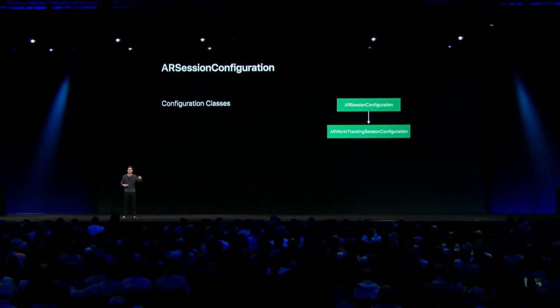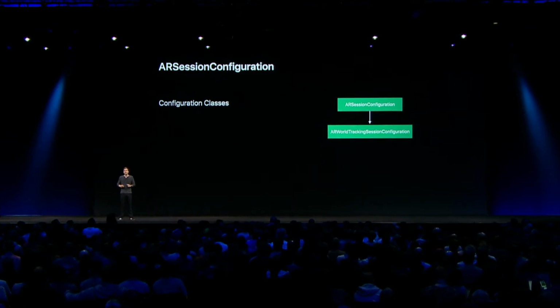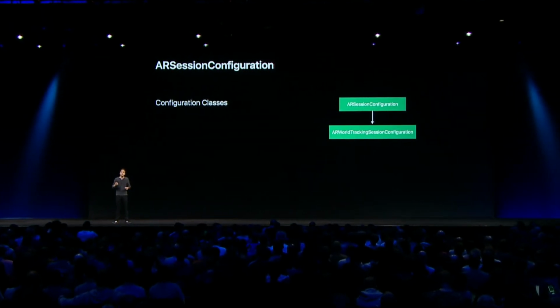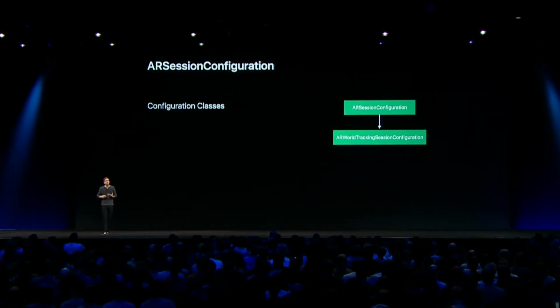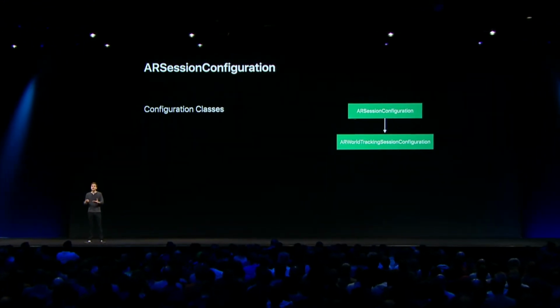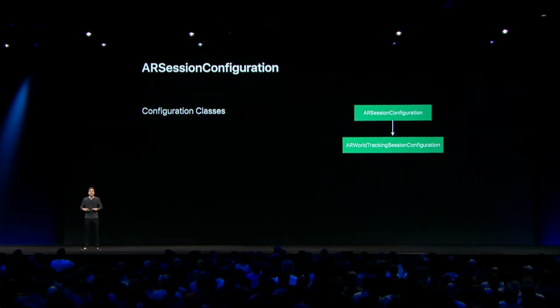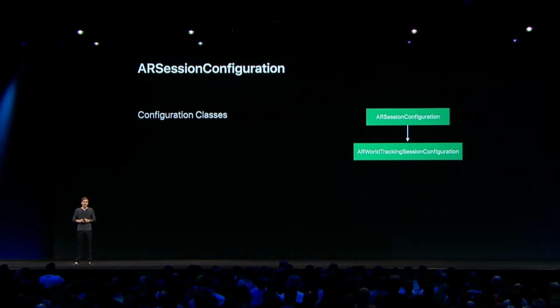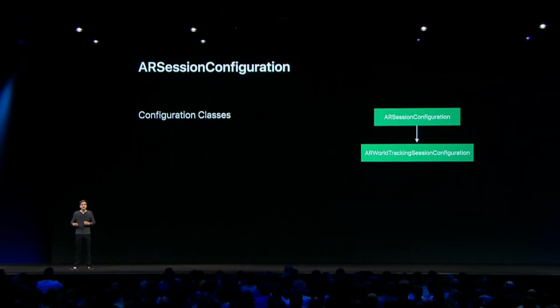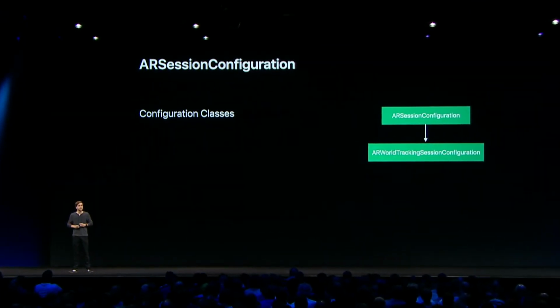So this is using our core functionality, world tracking, in order to get not only your device's orientation, but also a relative position of your device. With this, we also get information about the scene. So we provide scene understanding, like feature points, as well as physical positions in your world. In order to enable and disable features, you simply set properties on your session configuration classes.